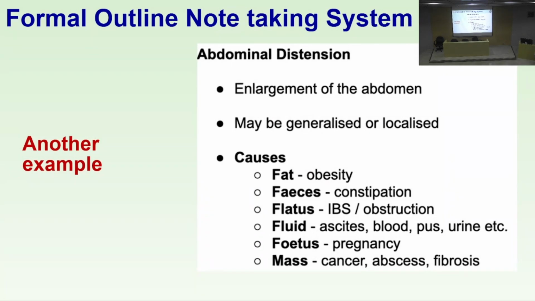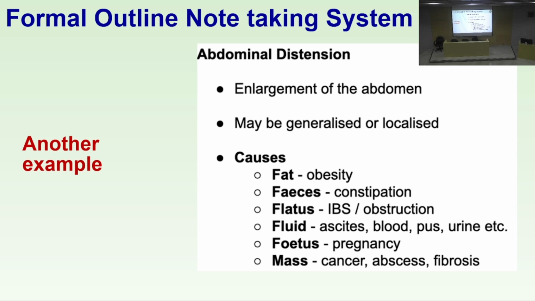This is another example. When you go to year 5 or year 6, you will see lots of patients and lots of symptoms. In that case, two-column or three-column may not be very suitable. Usually in case history, we use the outline method. This is the problem, there is pain, and then you explain the pain.